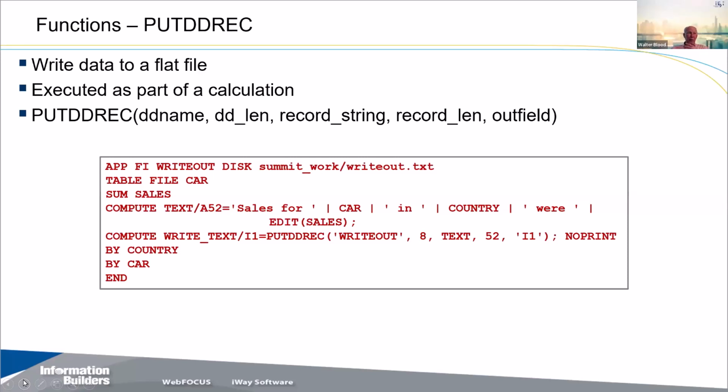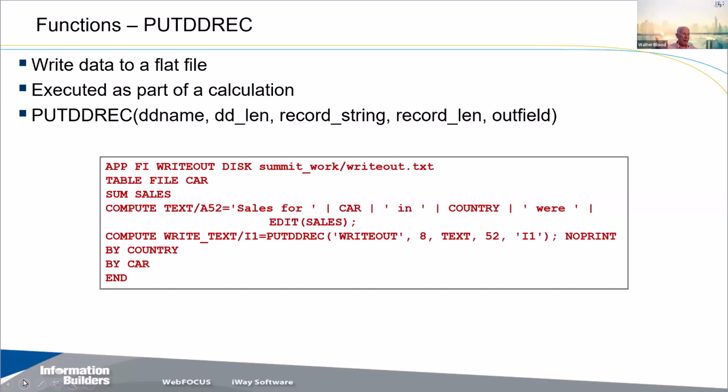The output of PUTDDREC is going to be a return code that says yes, I wrote it, or no, I didn't write it. It's going to be a 0 or a 1. So what you want to do is basically not print that field. You can see it if you want, and you'll see a list of zeros and ones, or you can just suppress it so that the output file just gets created.